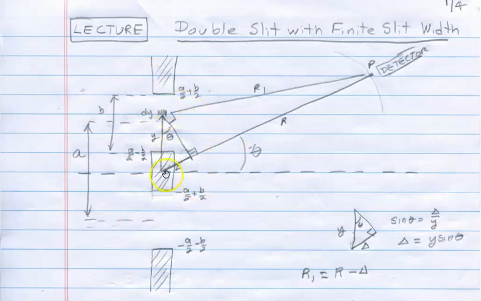And then likewise, if I look at any given portion of this, the amount of wave that gets through this little piece dy here, at a height y above the center, is proportional to the total incident wave amplitude.